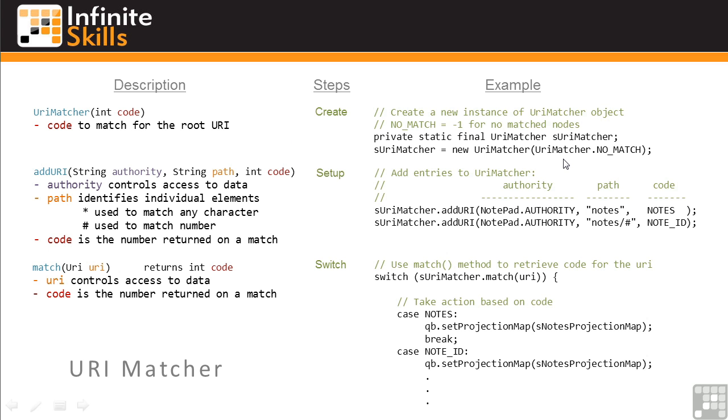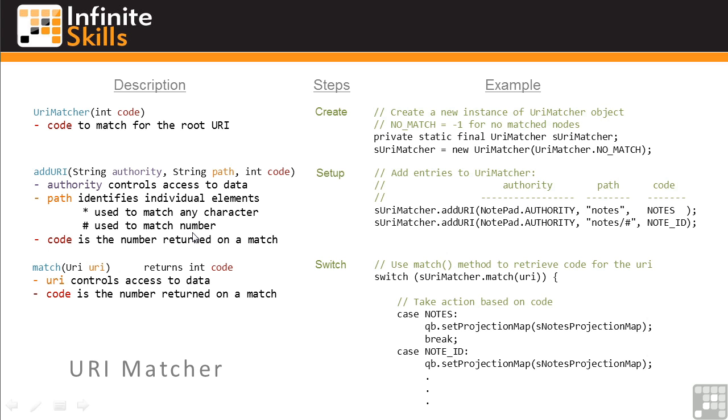using the NO_MATCH constant. In the setup step, you add entries to the UriMatcher for each combination of authority and path you want to match to a code, which will be used in the next step, the switch function. Note that you can use an asterisk to match any character and a pound sign to match any number.